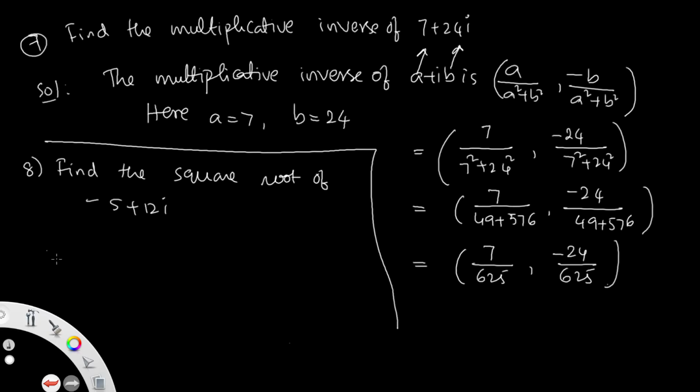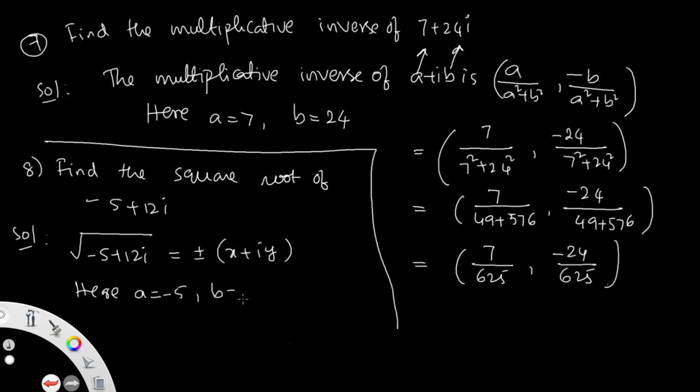The square root formula we have applied: first write the square root of minus 5 plus 12i in the form plus or minus (x plus iy). Now here a equal to minus 5, compared with a plus ib, b equal to 12. So for the value of x, write as per the formula and simplify, that's all.